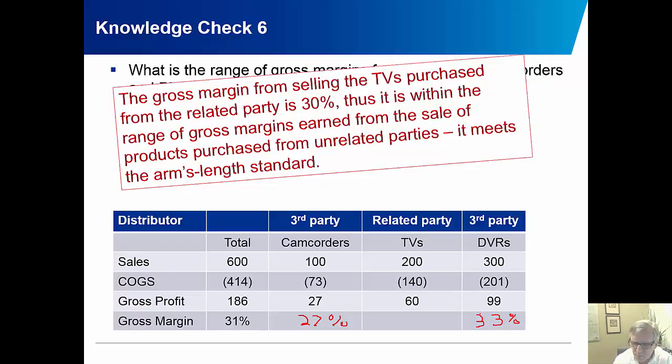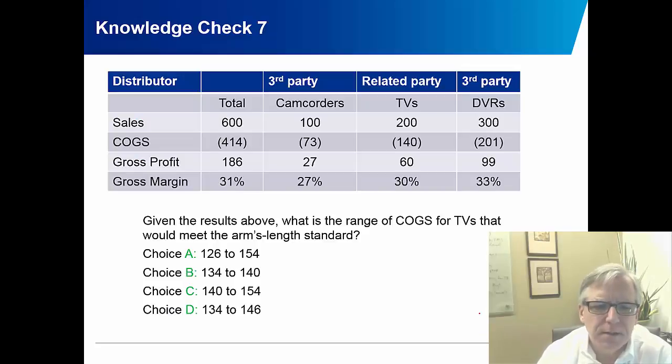Let's take this one step further to get used to how these things calculate. Imagine now that you're going to go back to the related party, your client, and you're going to tell them your COGS could have ranged from what to what, and you would have met the arm's length standard. Their COGS right now are 140, and that puts them nicely in the middle of the range.